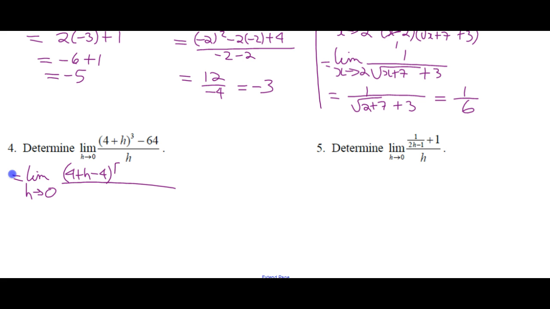And then we have the trinomial, right? So that's going to be a plus 16. That's going to be a 4 plus h squared. And then we've got 4 times 4 times 4 plus h, over h.